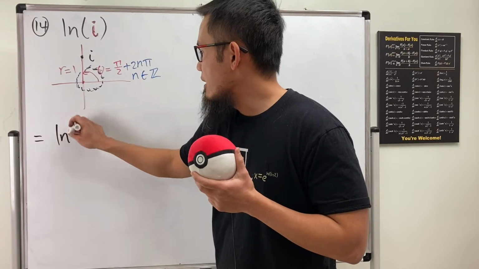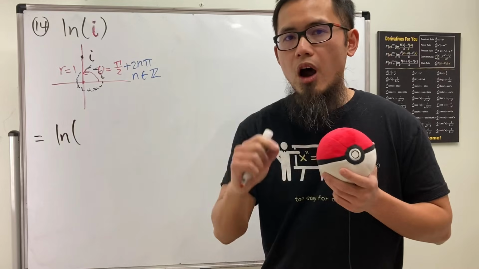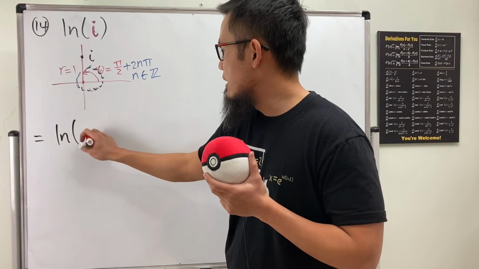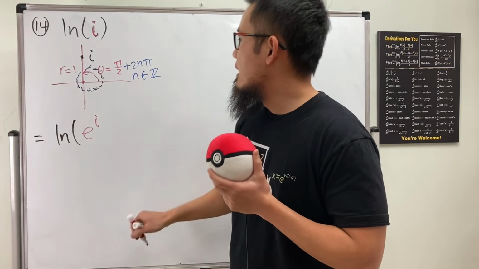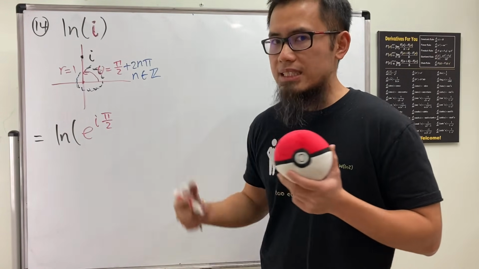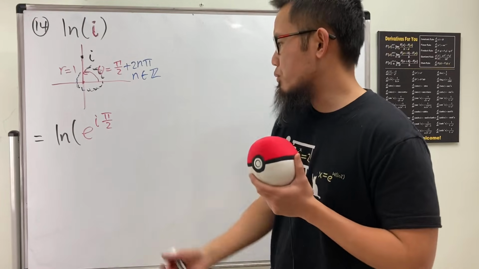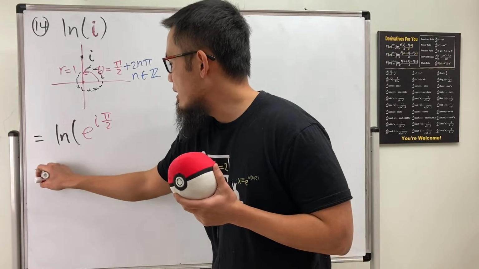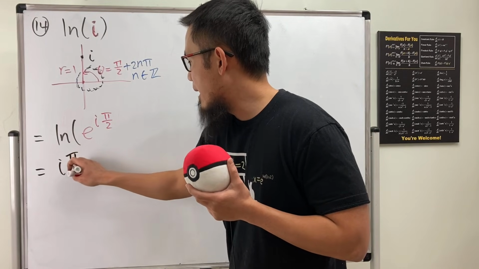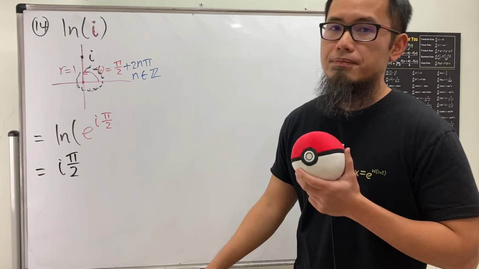We have ln, and i is equal to r e to the i theta. R is 1, so just have e, and then we have the i and the theta, which you can just put down as pi over 2. That's the first answer, the principal value, pretty much. So in the end, this and that cancel, you pretty much just get i pi over 2.